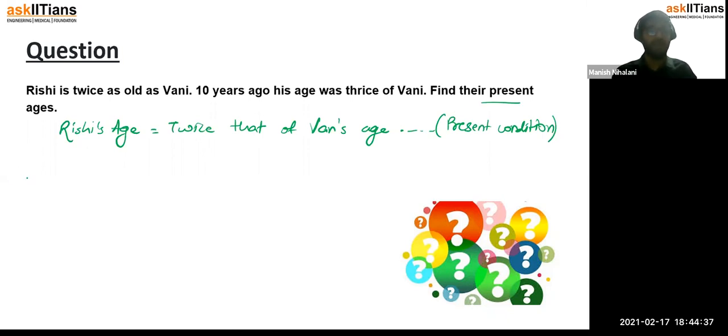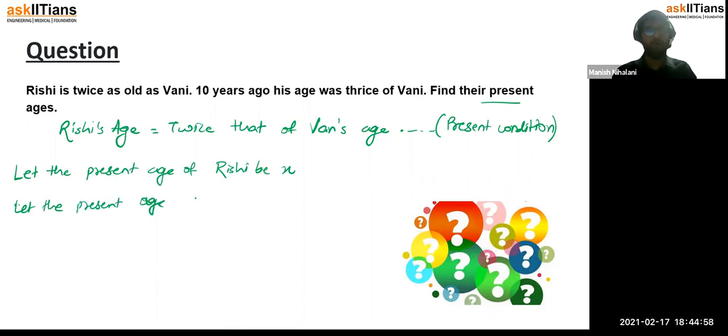So you would say, let the present age of Rishi be X, and let the present age of Vani be Y years. Okay, X years and Y years.